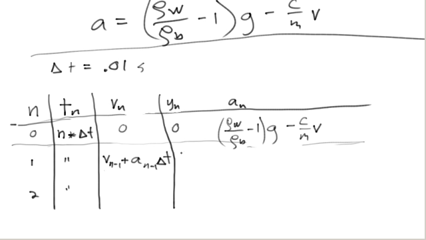And y sub n is going to be y sub n minus 1 plus v sub n, so I use the one that I just calculated, times delta t.